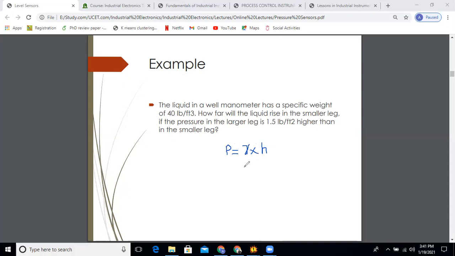Then we can say that H will be equal to P over gamma, and the value of P is equal to 1.5 pounds per feet square divided by 40.